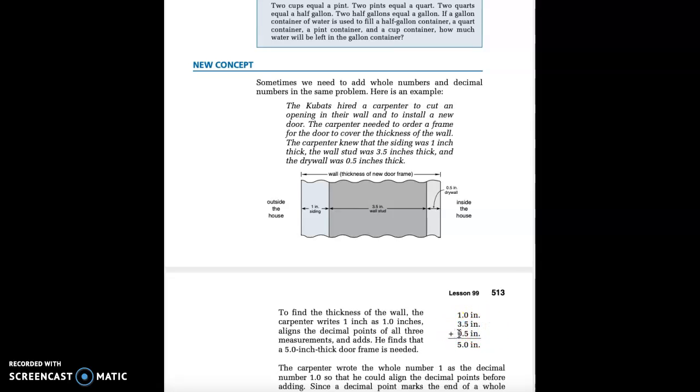And then we have the drywall, which is 0.5 inches, or 5/10 of an inch. Now notice that 1/2 can be written as 0.5, or 5/10. But we still need to line up the decimal place and make sure all of our numbers are representative of what the word problem gave us.